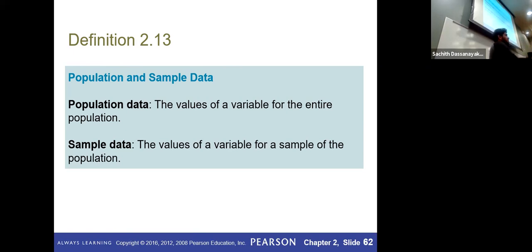Based on which source, we name it accordingly. Values for the entire population we call population data. Values for the sample we call sample data.